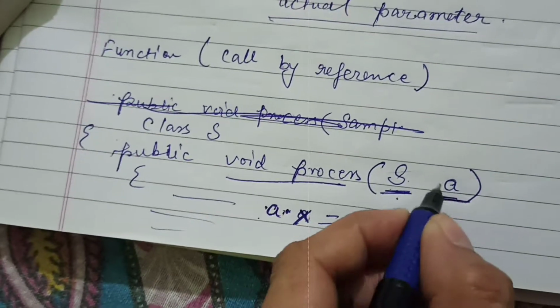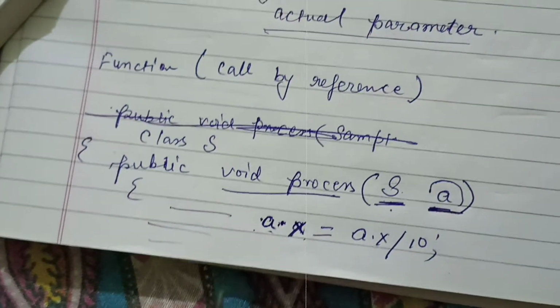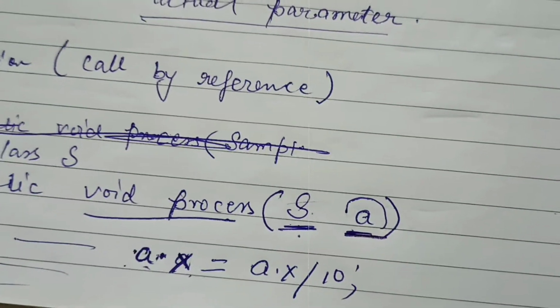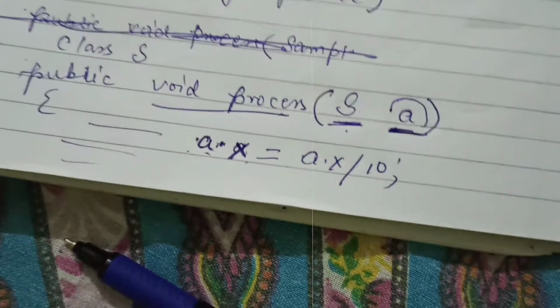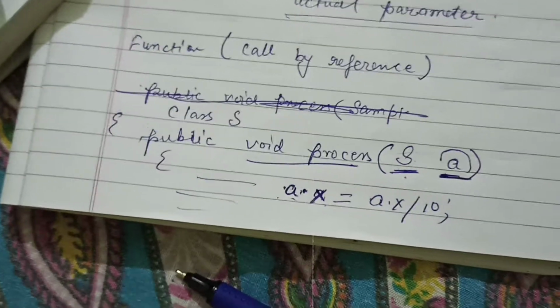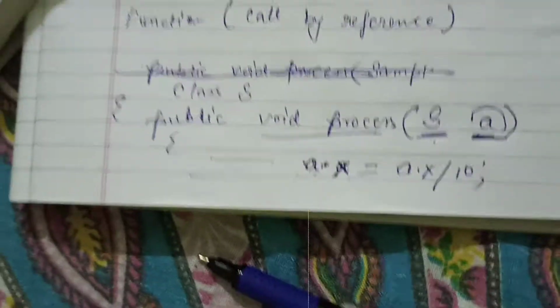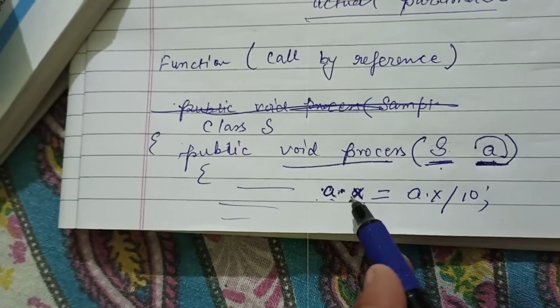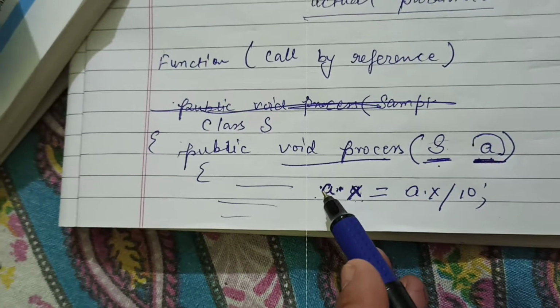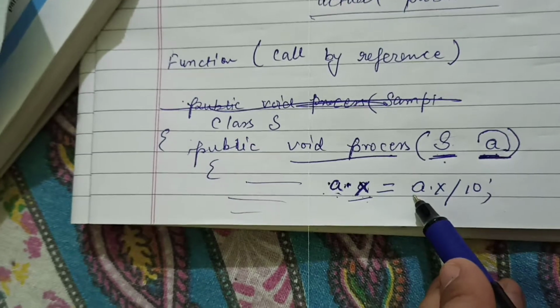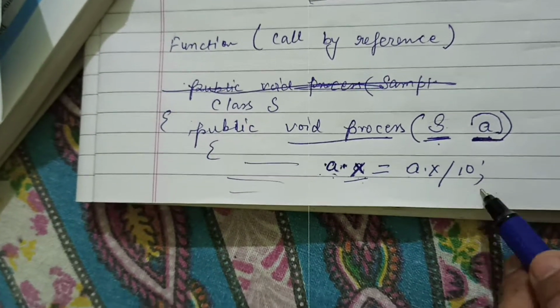If I change the program, here it is the object, so we have to write directly object dot variable. We have to do it object dot, and also we can calculate it.